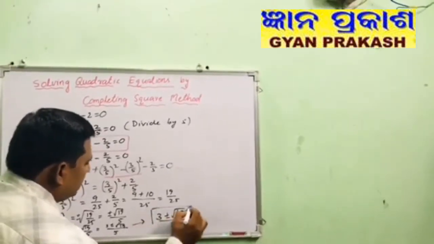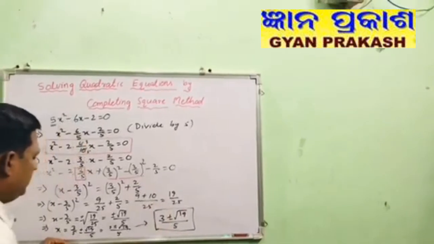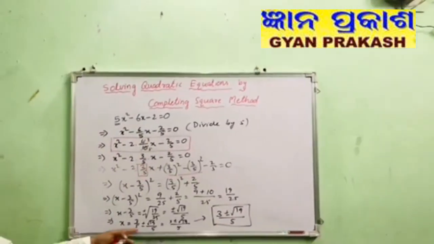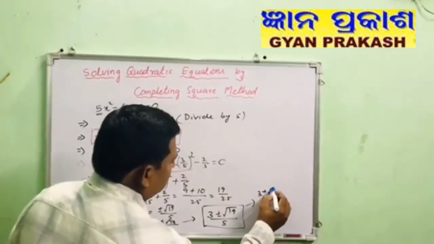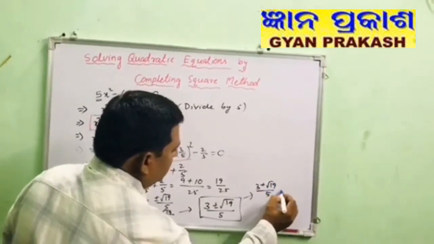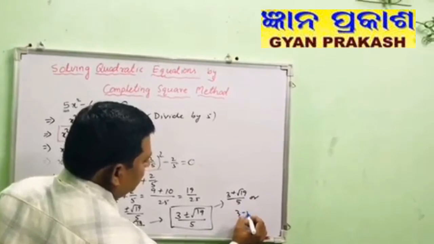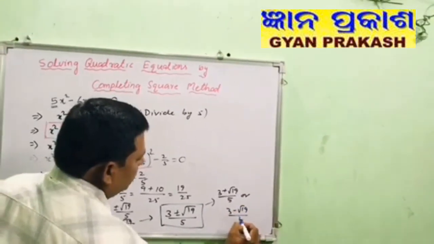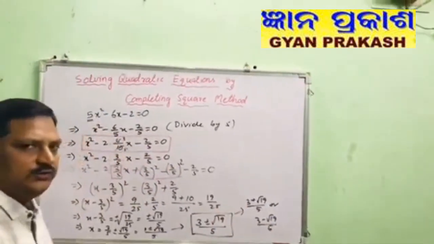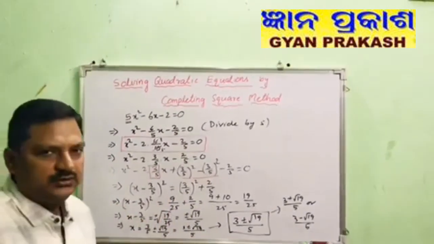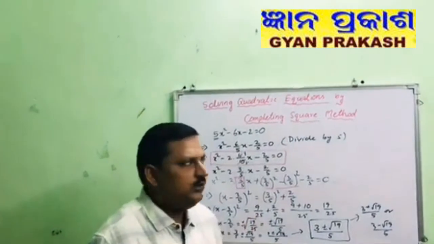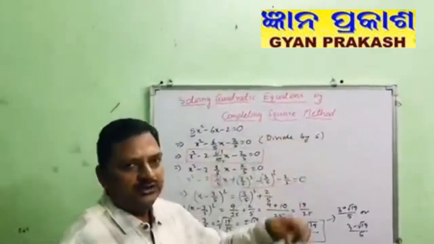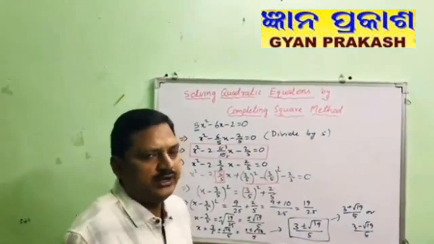This is the value of x. And this gives (3 plus root 19) by 5 or (3 minus root 19) by 5. These are the two values of x. So I think you have learnt how to follow the completing square method to find the roots of a quadratic equation.